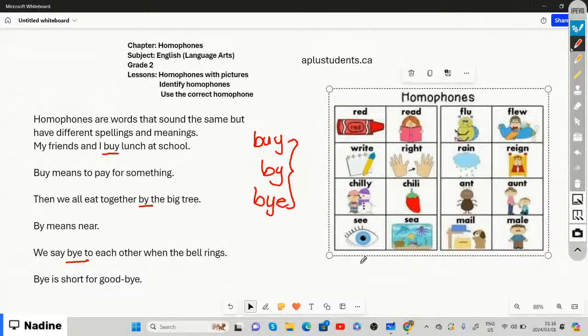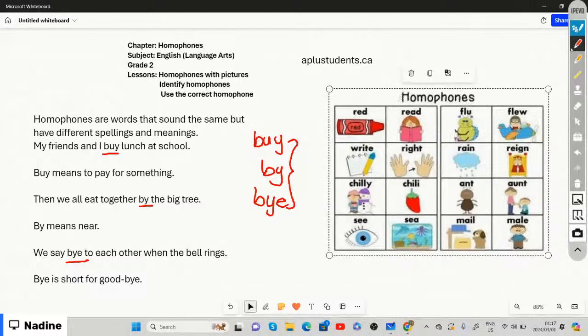The first word, mail, MAIL, is letters that you get in the post that somebody posted, that you can either get from the post office or that is delivered in your letterbox or your mailbox. Or we have the other word, male, which is a man or a man figure, right? So if you're a boy, then you're also a male.